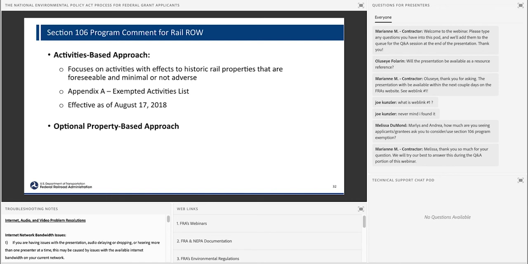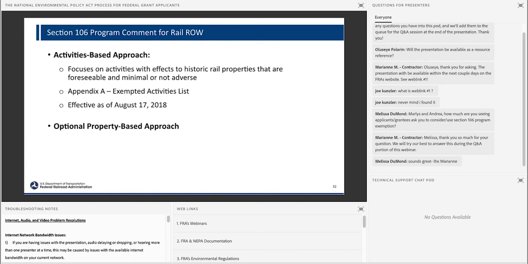But generally, the activities-based approach has identified a long list of types of activities that have foreseeable or minimal, if not no, adverse effects to historic properties, and we've provided a streamlined and expedited way to complete our 106 requirements for activities that fall within this exempted activities list.